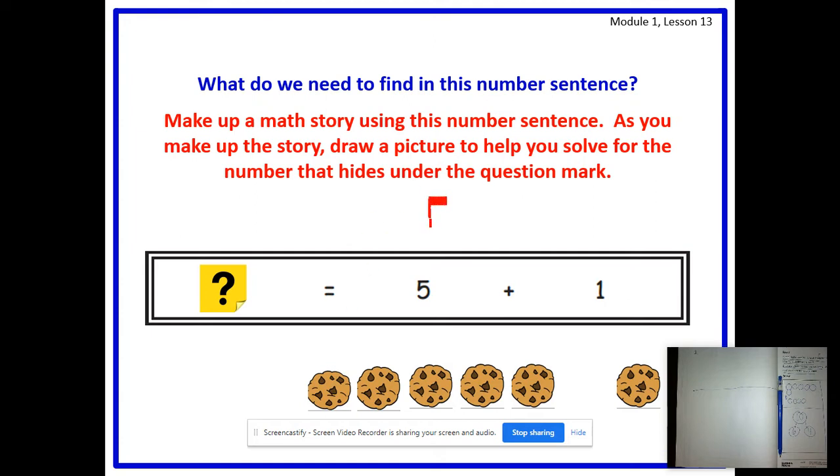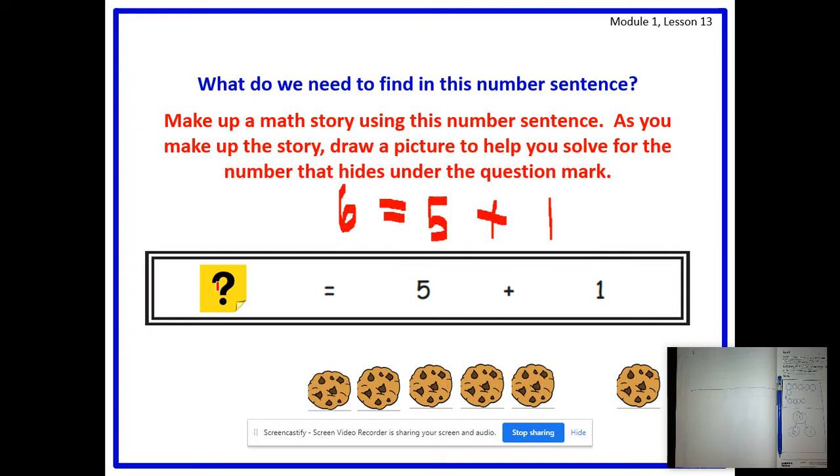I can write 5 plus, everybody write yours in your book, 1 equals, well, let's count. We have 5, 6. So how many cookies in total? Ready? 6, all right? You should be writing that number sentence on the side of your picture up here in your book.